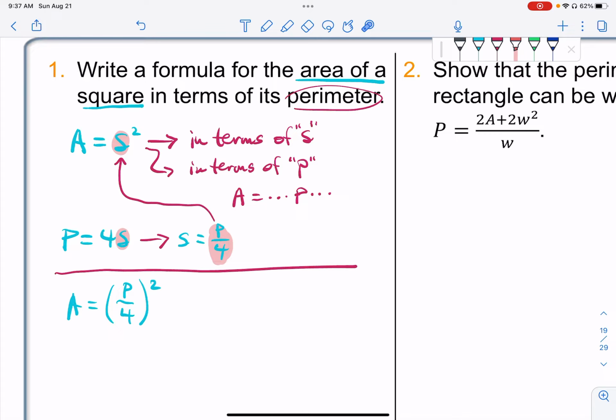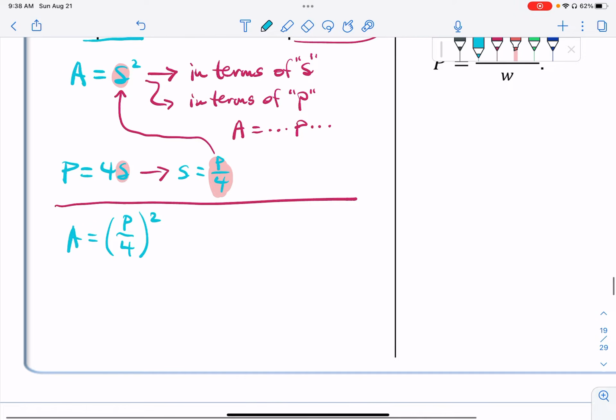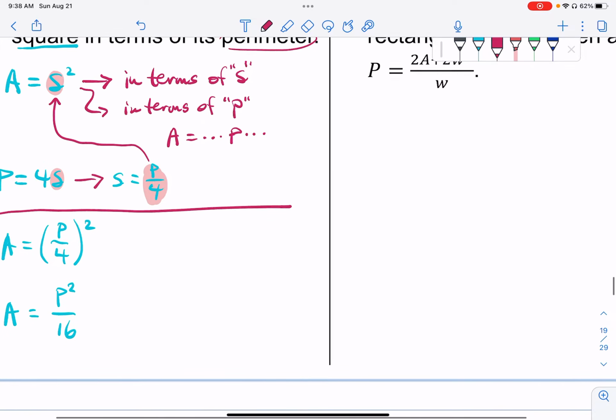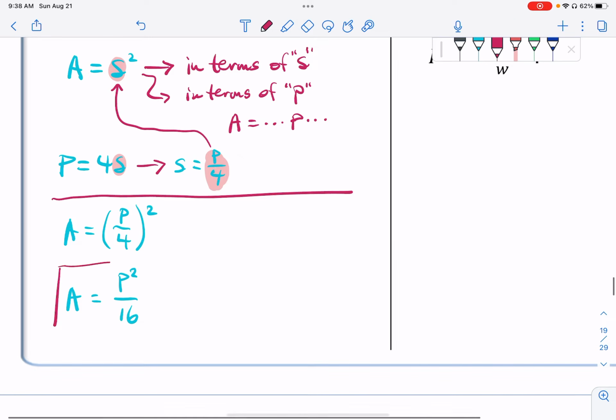You don't really have to do anything to it unless you want to simplify, or you're trying to simplify to match a multiple choice answer choice. If I were going to simplify it, I just need to square the fraction. I need to square the top separately from the bottom, and I would have A is equal to P squared over 16.